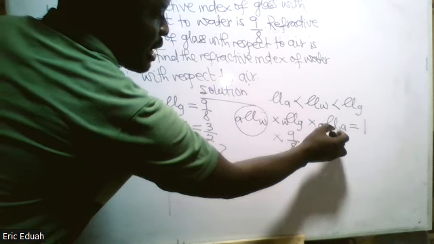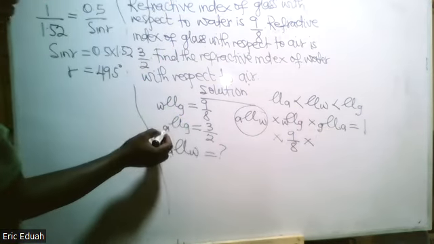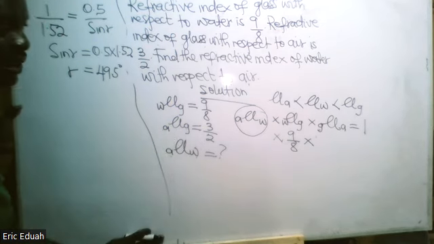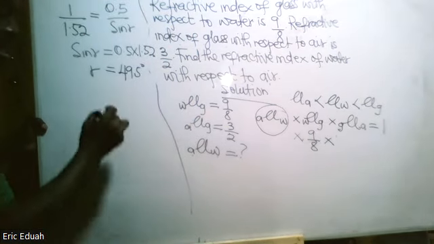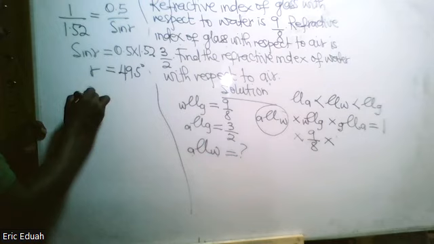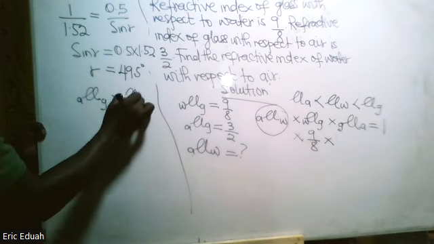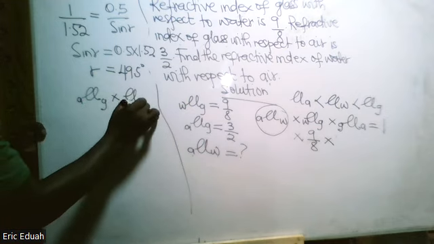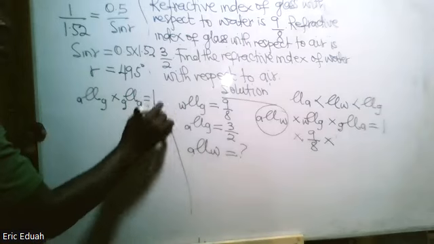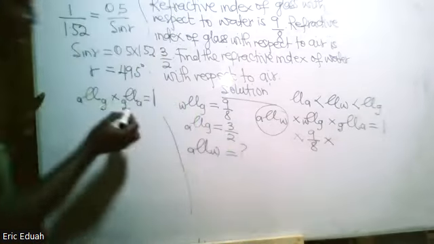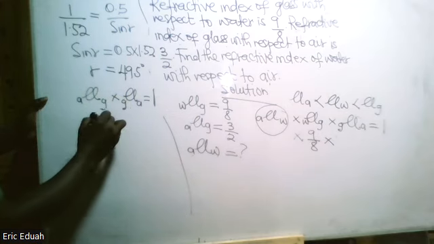Air with respect to air, but we are given glass with respect to air. But there's one thing that we know, and that is the product of the refractive index from air to glass and glass to air is equal to 1. So since this is what we need, we'll make this the subject.